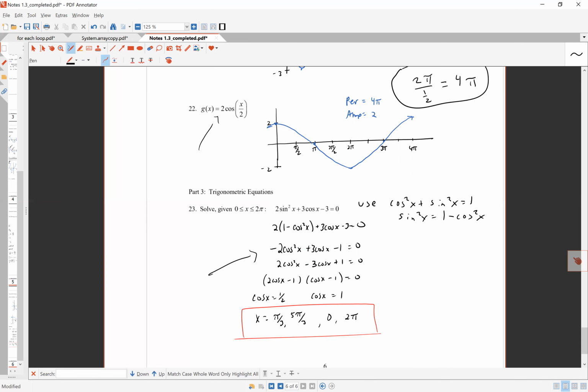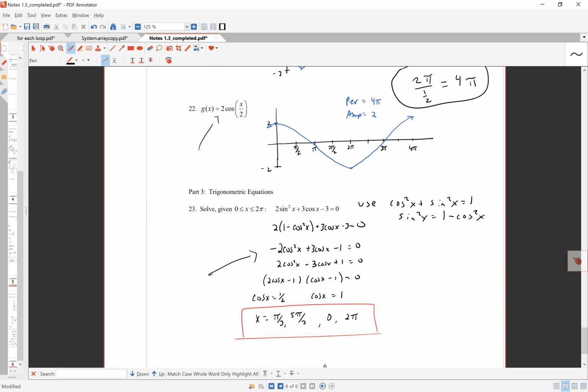If you think of cosine of x as just a variable, like y, this is a quadratic equation, and let's solve for cosine of x. You probably did that a lot in your algebra courses. If the leading coefficient is negative, we multiply each side by -1. So we end up with 2 cosine squared x minus 3 cosine of x plus 1.